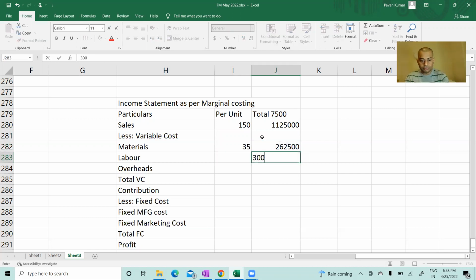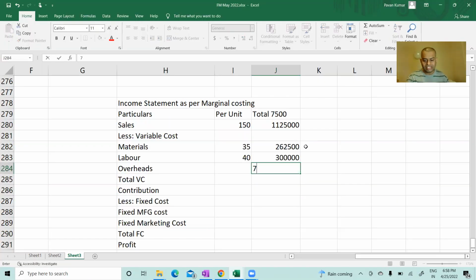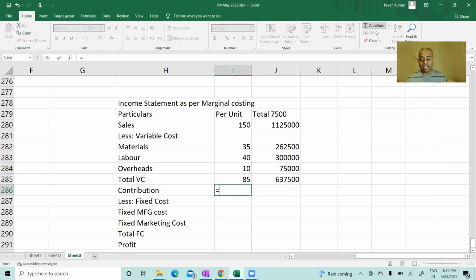How much it will be? 40 rupees. Variable overheads 75,000, 10 rupees it will be, isn't it? All LKG calculations they'll give. Now tell me what is total variable cost? 85. 6,37,500. So contribution, can I say sales minus variable cost?